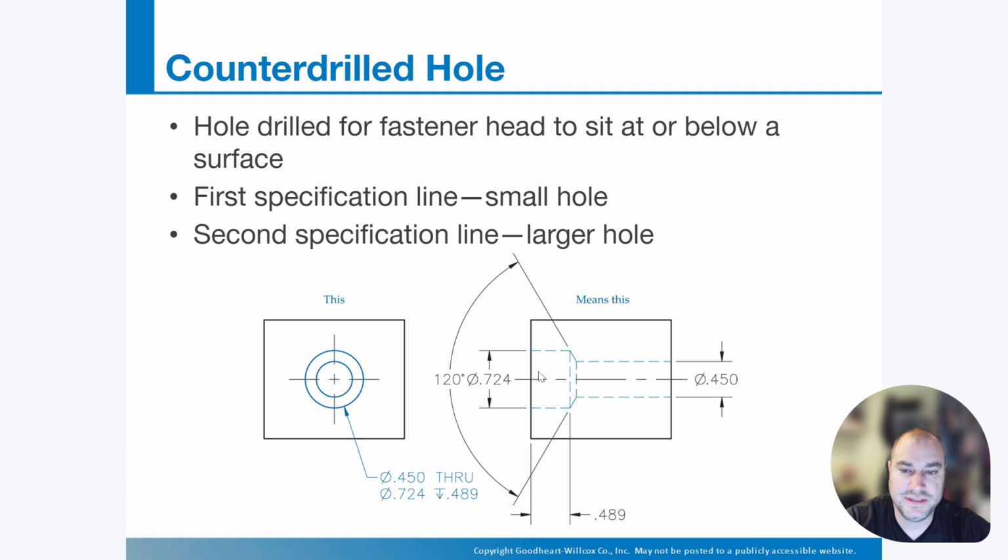So you have your counter drilled hole here, right? It's all the way through, but then you have this counter drill. Okay. And once again, that would be so that the fastener you're putting in your hole is going to sit at or below a surface, right?